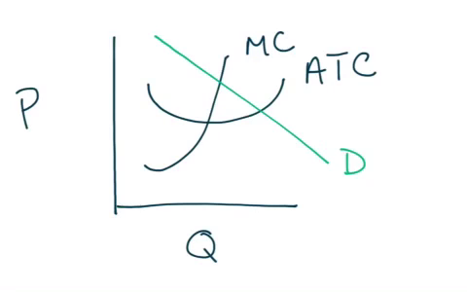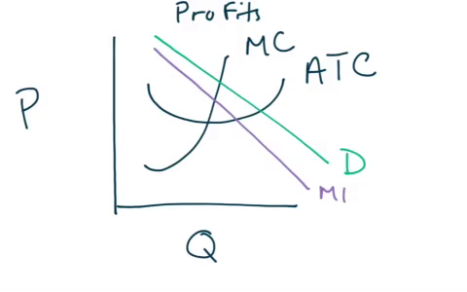Remember, we want to show a firm that is experiencing profits. So when you draw it, you want the marginal cost to intersect the marginal revenue curve at a price above the ATC. So we again find marginal cost and marginal revenue, set the quantity, and go up to the demand curve to set the price.